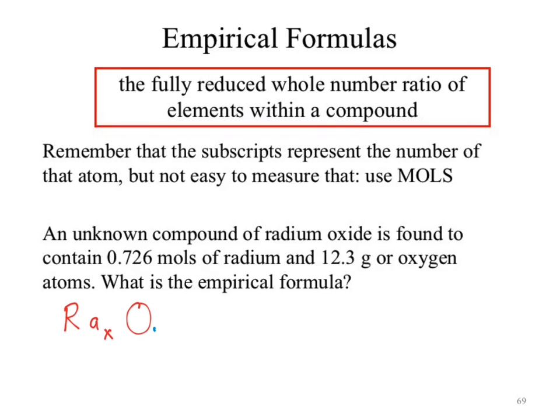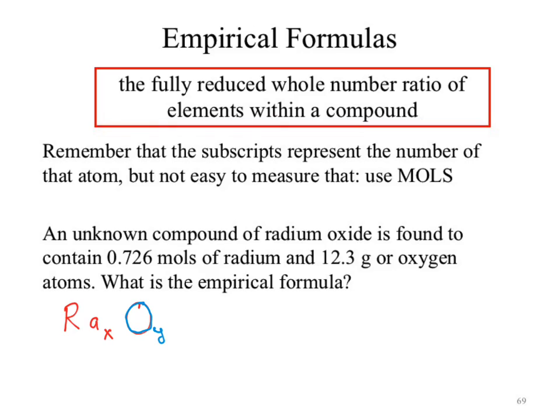So X and, I meant to do color here, Y. Okay, what are X and Y? Well, what are the units on the X and Y? Moles, okay? Or atoms, either work. Are atoms something we're likely to measure? No, so it probably makes sense to relate them as moles instead of atoms.